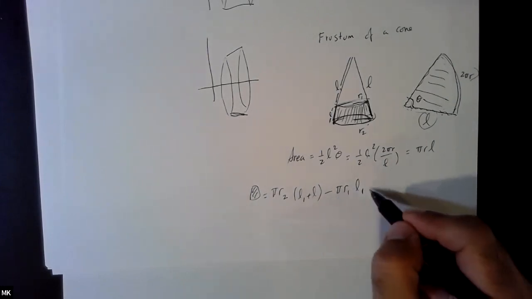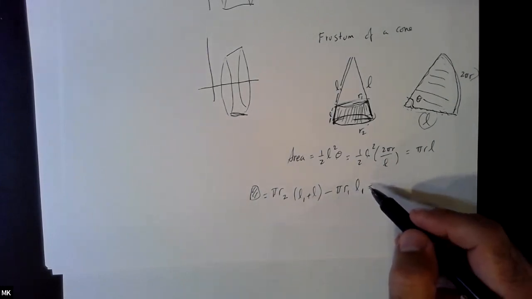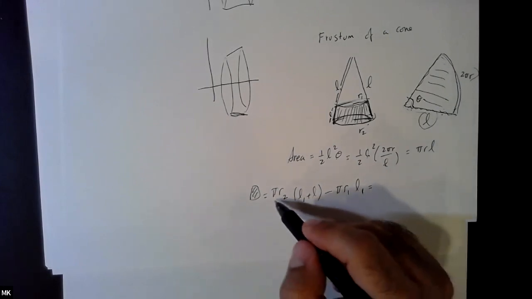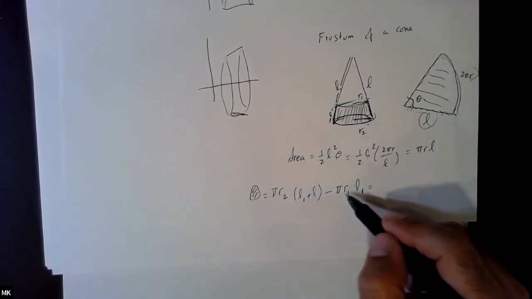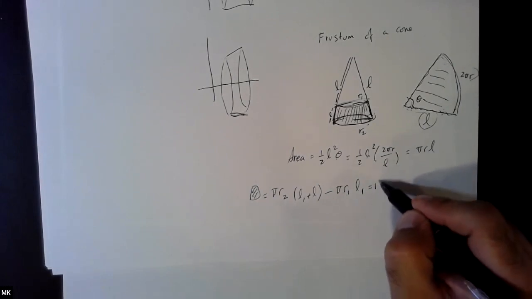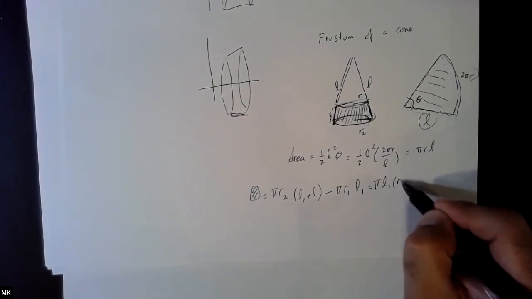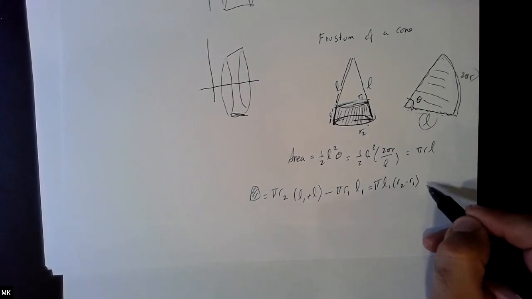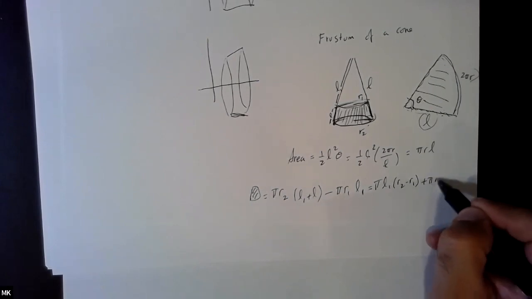So if I just multiply and factor, I have pi R2 L1 and pi R1 L1. So it's going to be pi L1 (R2 minus R1) plus pi R2 L.